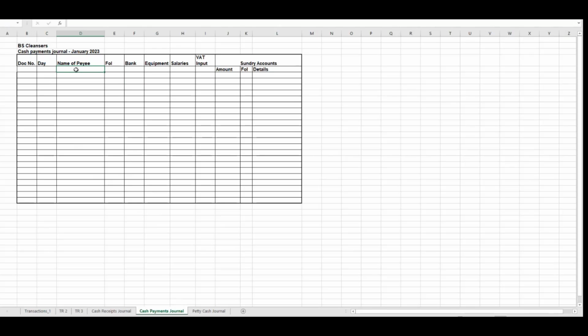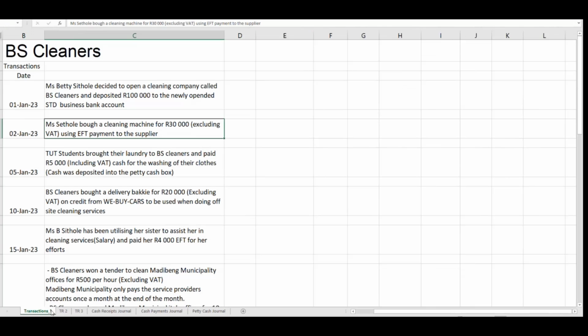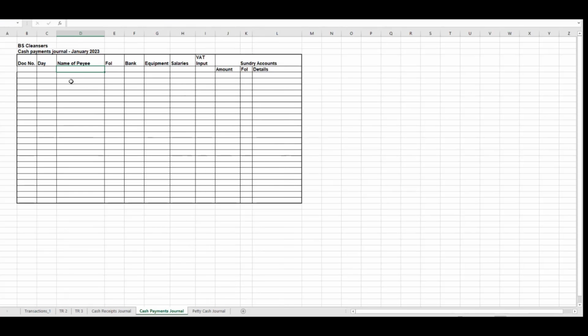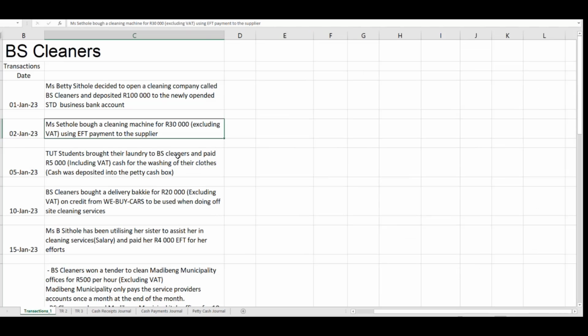So we'll go to our cash payments journal and we'll do the same. I'm not going to repeat so many things, but we have bought the machinery. We're not told the name of the supplier, so we're going to write the name of the supplier there. They said it's 30,000, and 30,000 rands does not include VAT.